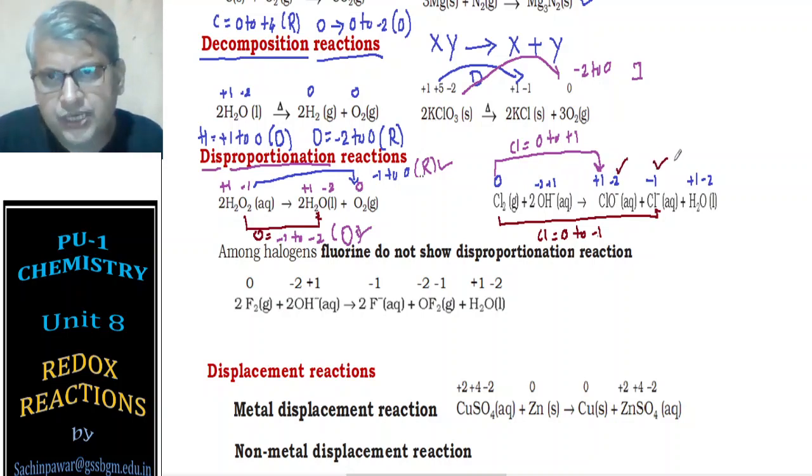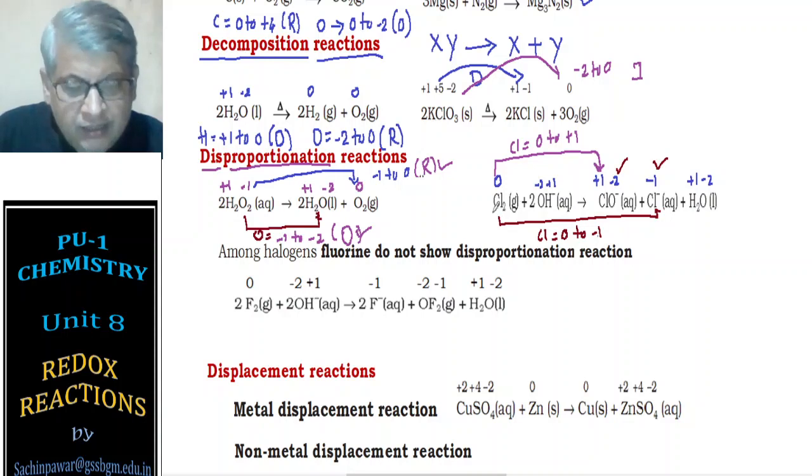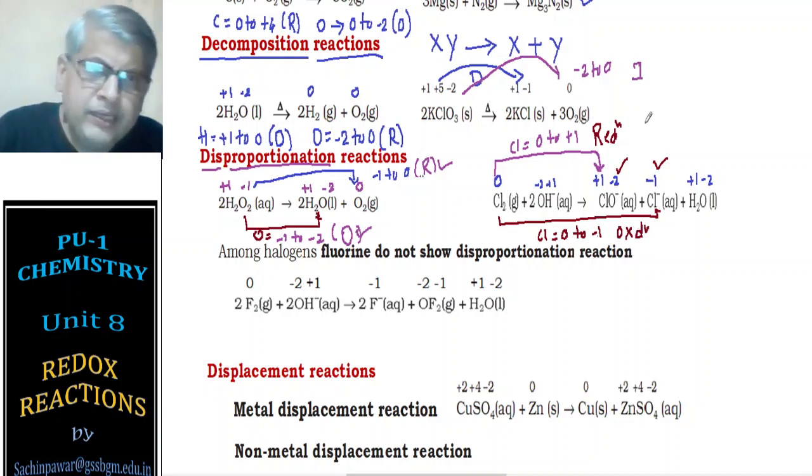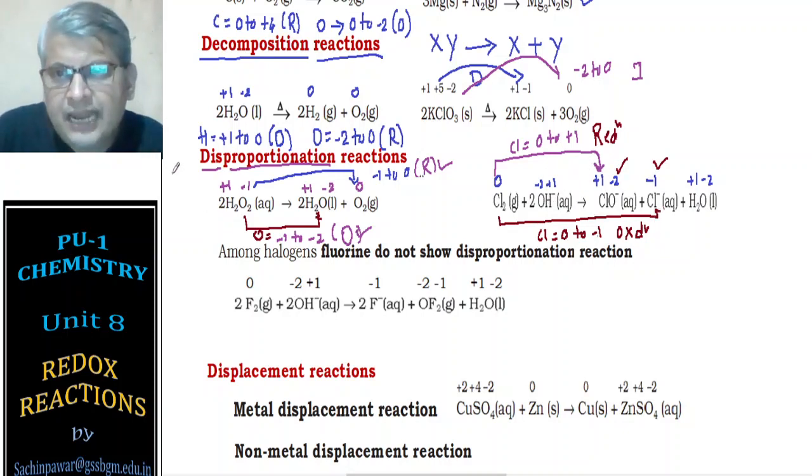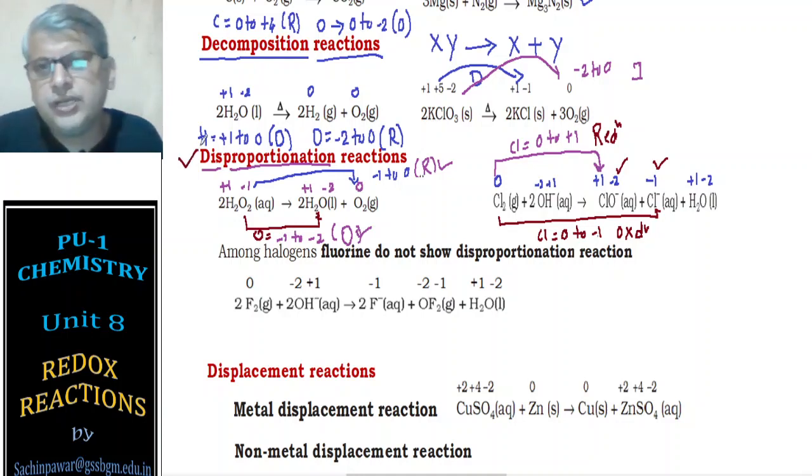So this is a disproportionation reaction. Here the element going from 0 to +1 means an increase in oxidation number, which is oxidation, and a decrease in oxidation number is reduction. So the same element is undergoing oxidation as well as reduction. If the same element undergoes oxidation as well as reduction, then that reaction is known as a disproportionation reaction.